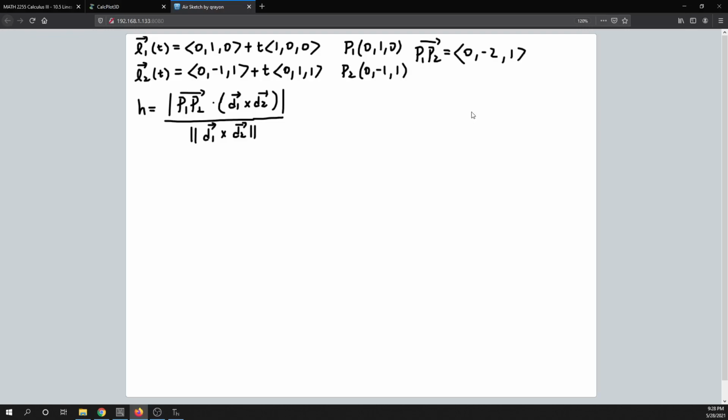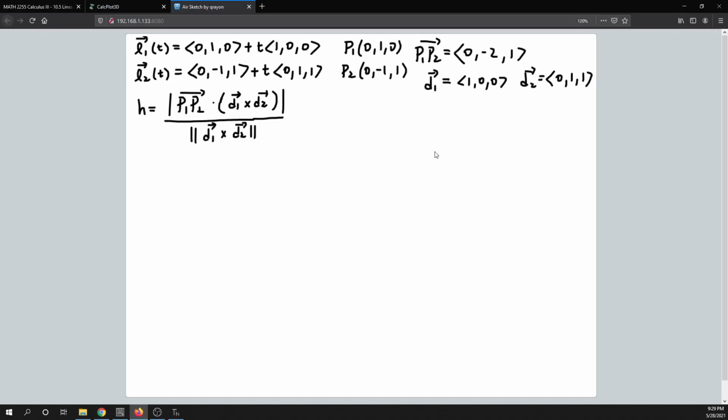Next up, we need to take the cross product of the direction vectors. So the direction vector D1 is 1, 0, 0, right here, and D2 is 0, 1, 1.